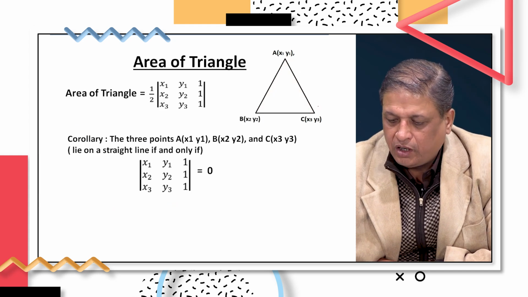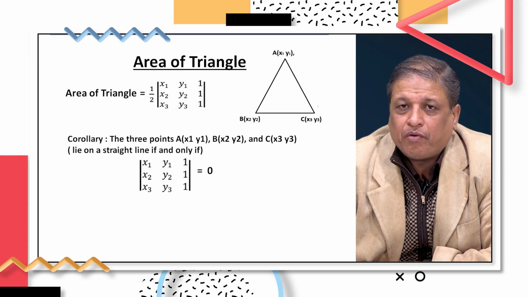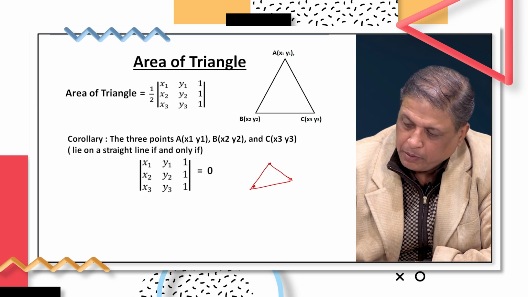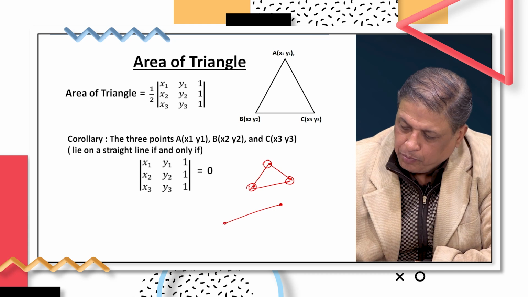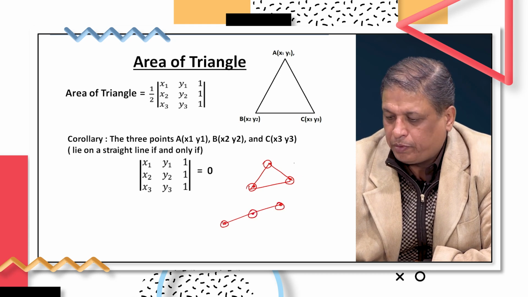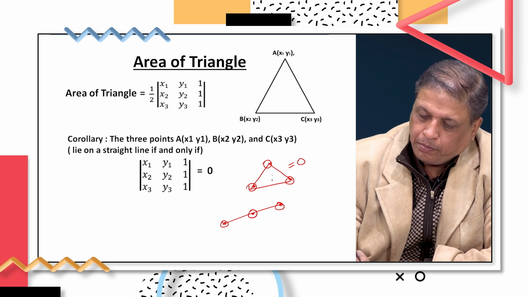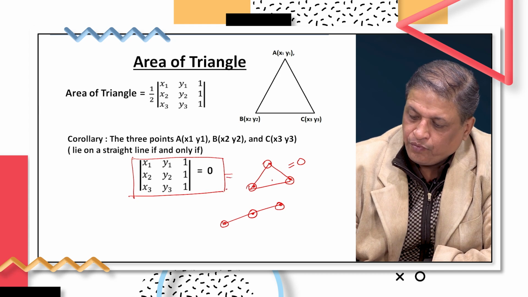Now there is an important observation: if we want to prove that points are collinear, say these are 3 points, these points are not collinear. Collinear points are those points which lie on the same line. So if there are 3 points lying on the same line, then the area of the triangle should be equal to 0. If the area of the triangle is 0, that means the determinant value should be 0.